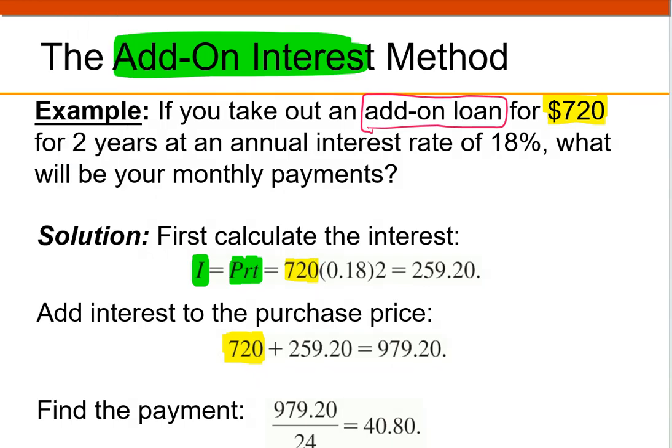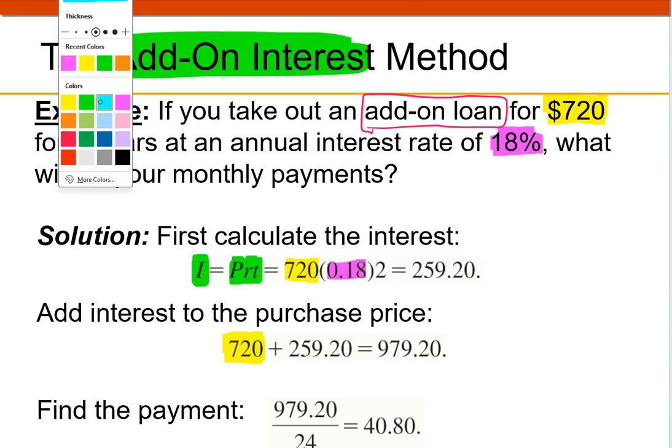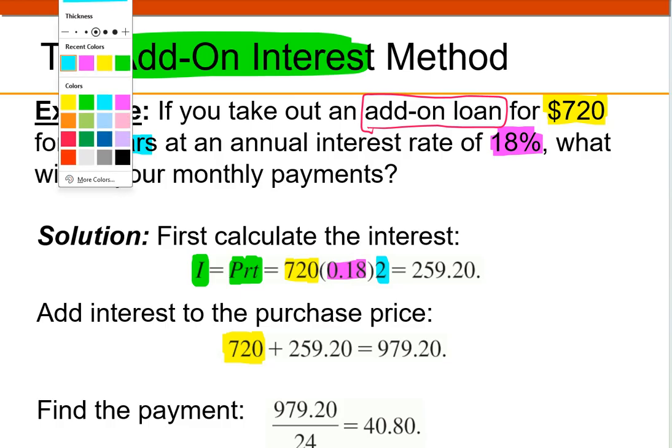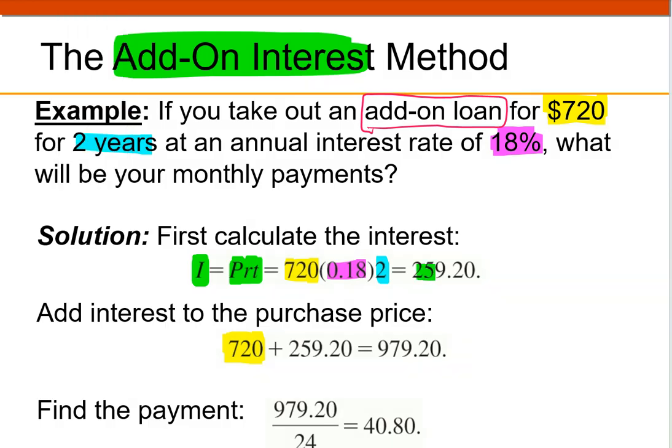Our interest rate was 18%. You'll notice it's 0.18. And then the number of years, it's going to take you 2 years, or that's what you've agreed to. And when you multiply all that together, you get $259.20. That is your finance charge, all right?